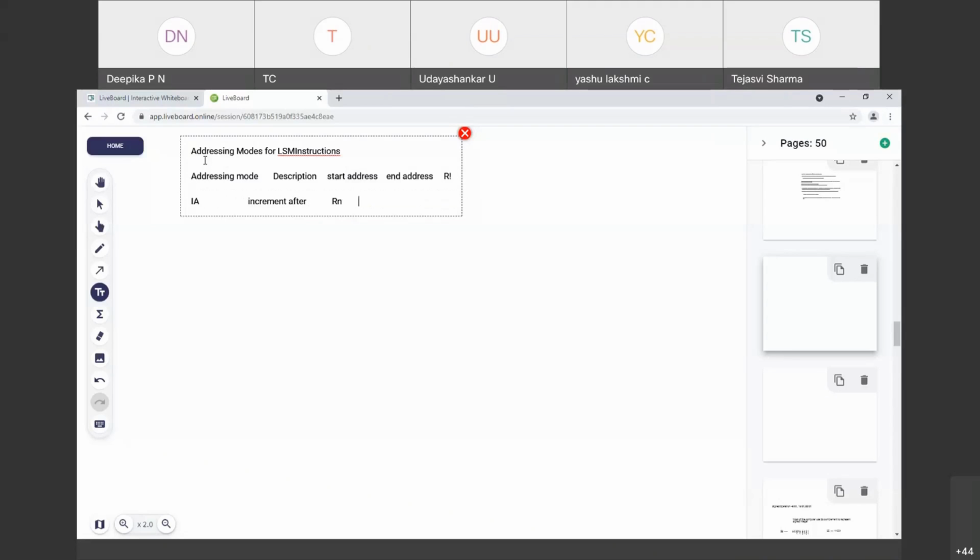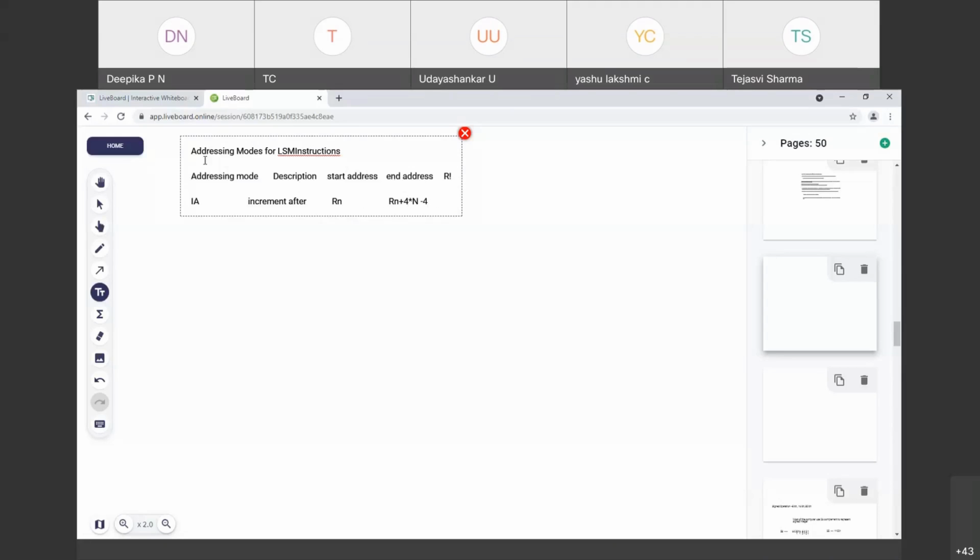What is the end address of this? That is decided by how many registers are there. Please understand, the formula is Rn plus 4 star n minus 4. That is how LDMIA is associated.